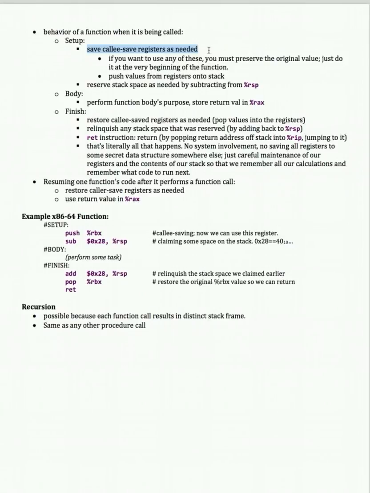So before overwriting those registers, it pushes the callee-saved registers into the stack, and then it reserves stack space as needed by subtracting from RSP.